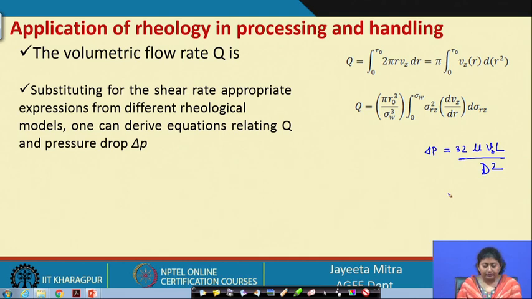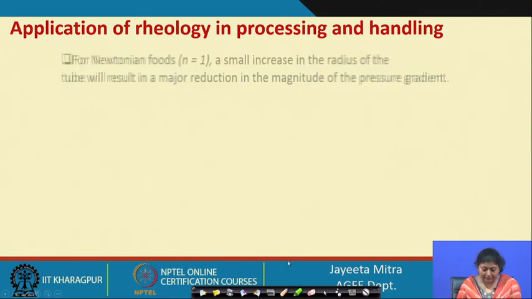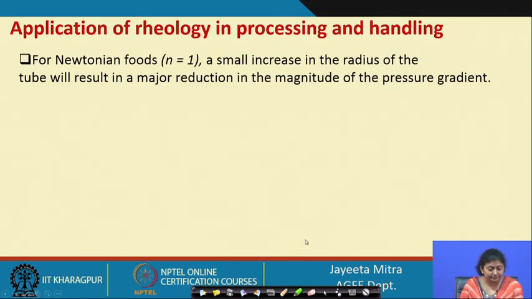So, from this we can derive the equation relating Q and the pressure drop. Here in this equation what we have done is that we have changed the velocity to the shear stress and shear rate expression, and thus we are relating the volumetric flow rate Q and the pressure.